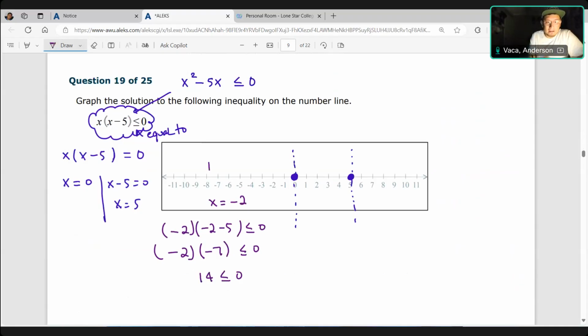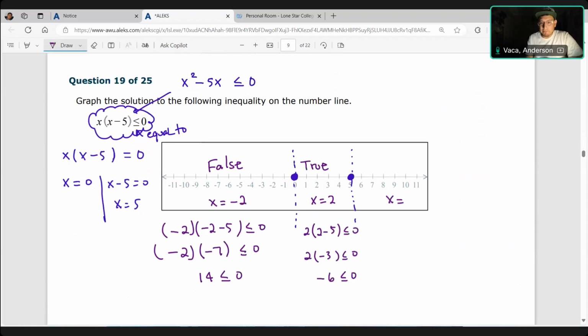This is false. Let's see what happens when we check 2. In other words, what happens when we test any x value in between 0 and 5? Okay, let's test 2. We have -3. That will be -6, and -6 is less than 0, so this is true.